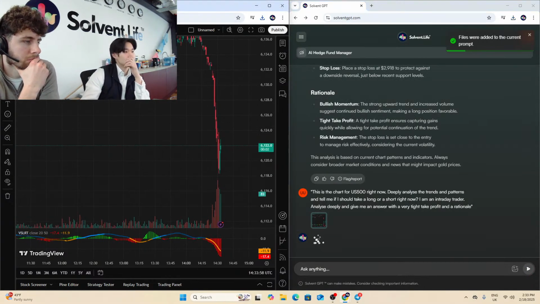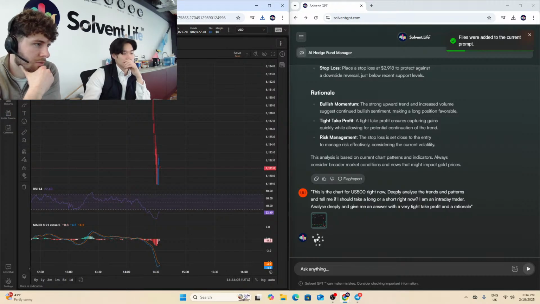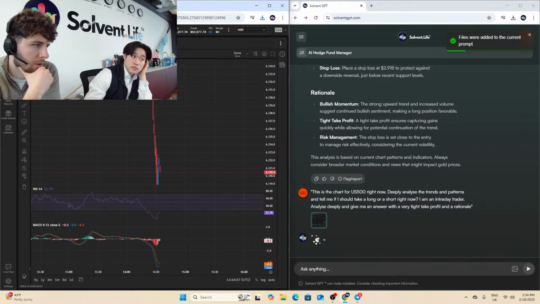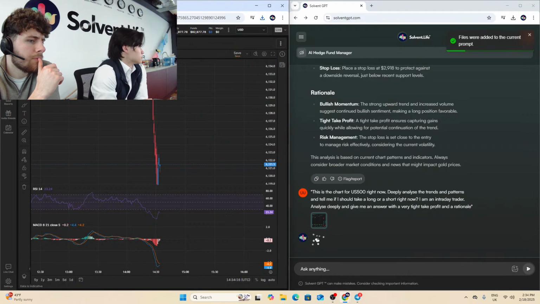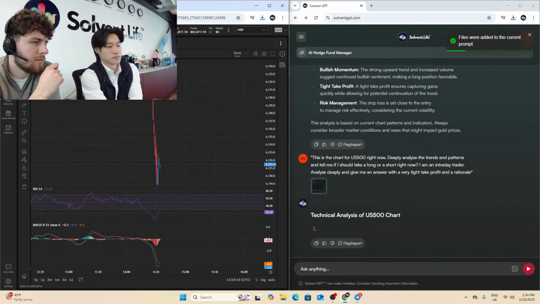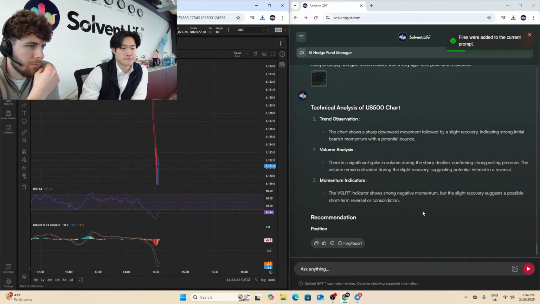Fantastic. So it's looking like the US 500 is gearing up for a reversal. Whether this happens or not, we will ask the GPT and see what it thinks. Sharp downward movement followed by a slight recovery.